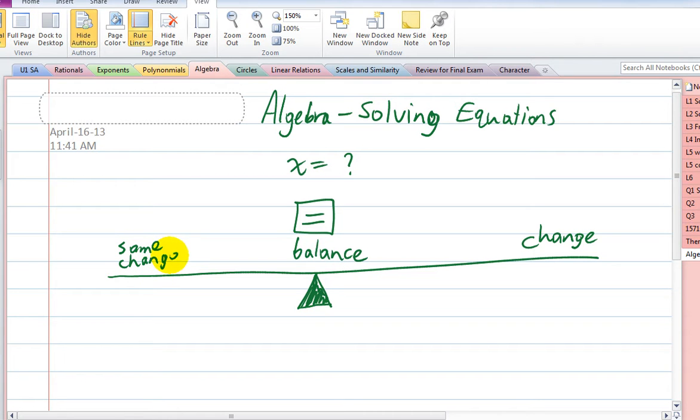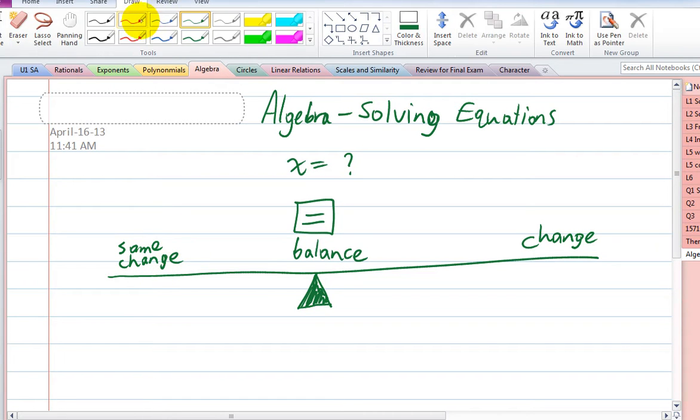Otherwise, it's not balanced. So for example, if I have a plus 3 and I want to remove it, if I subtract 3 on the left side, then I must subtract 3 on the right side.